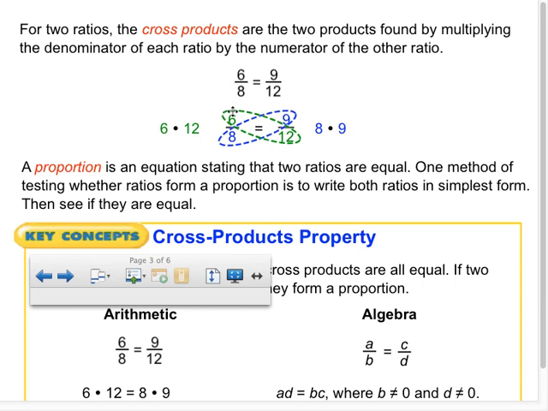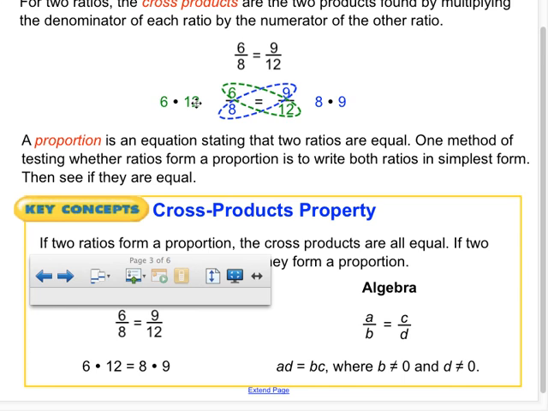Cross product meaning this numerator times this denominator, so 6 times 12, and this numerator times this denominator, 8 times 9. Well, 6 times 12, what is that? 72. Does everybody agree? Is that equal to 8 times 9? Yes. So these are a proportion.